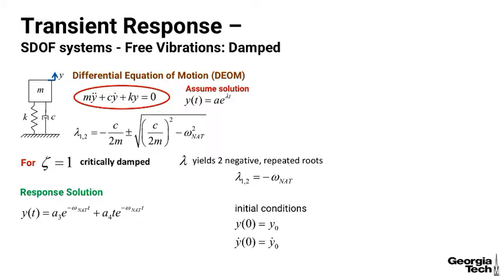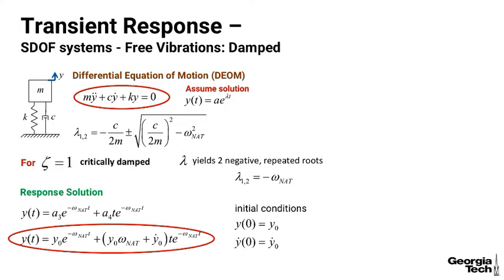Then we apply the initial conditions to find A3 and A4, as we've done before, and this is the final response. y0 plus the quantity y0 omega natural plus y dot 0, the initial velocity, all times t, times e to the minus omega natural t. And this is indeed the fastest return to equilibrium with no overshoot.